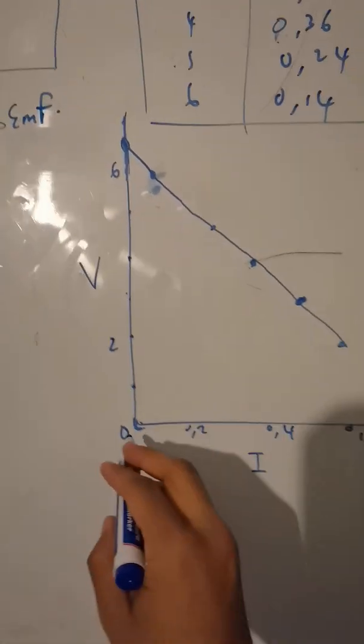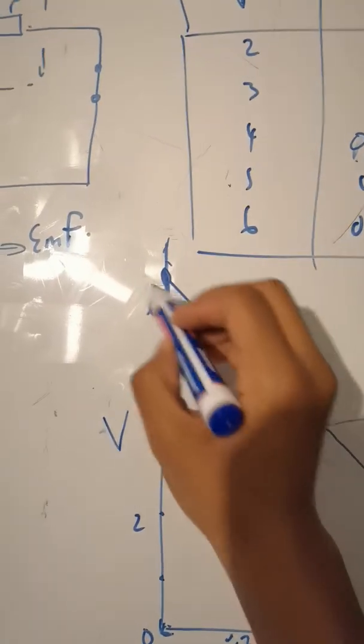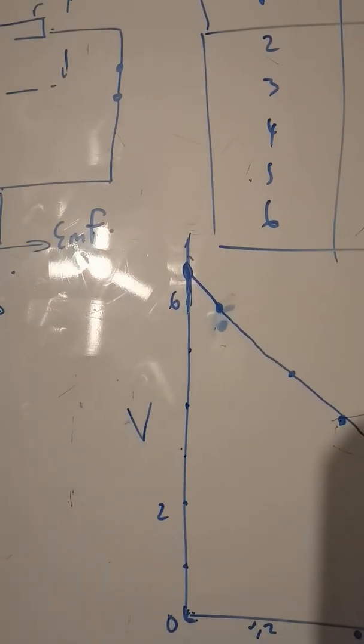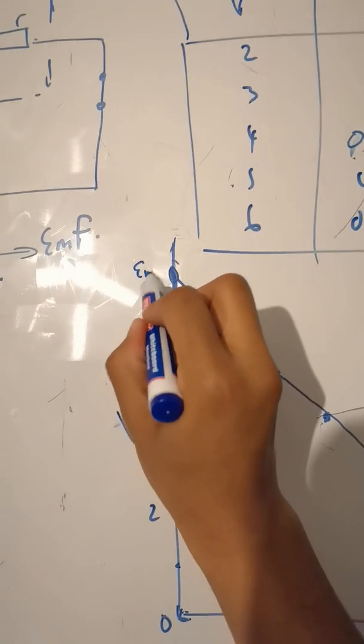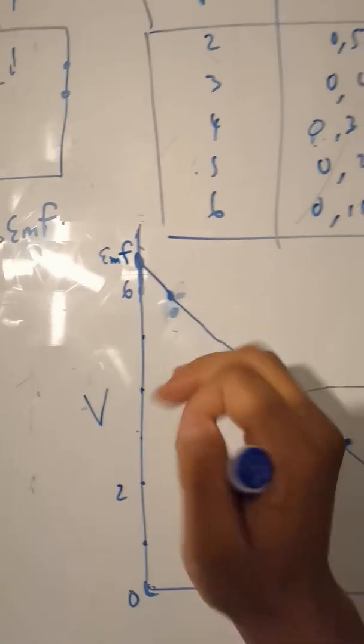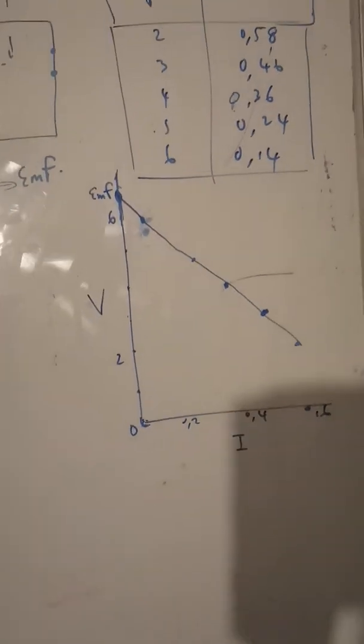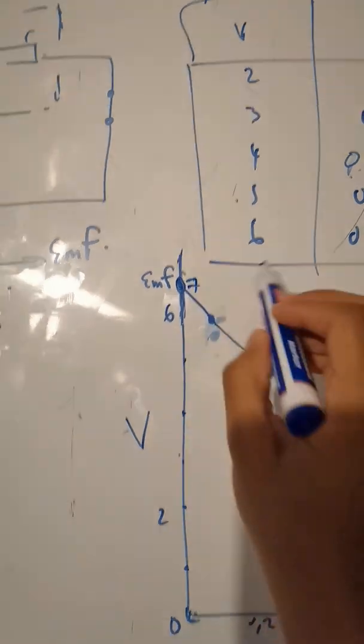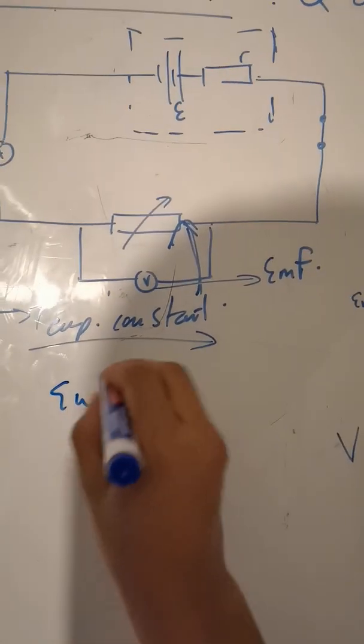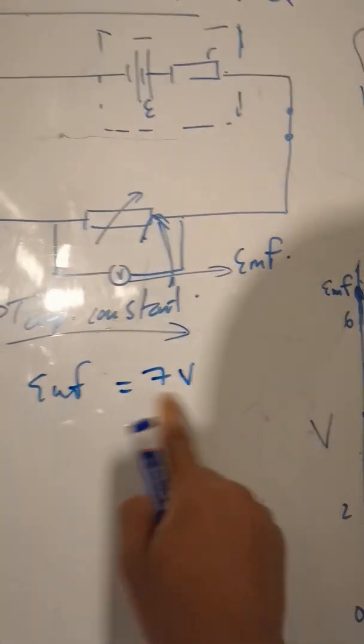So this number on your graph will give you the EMF. My drawing is not accurate, but you would get an answer of about 7. They will accept answers from 7 to 7.04. So the EMF of our battery is 7 volts.